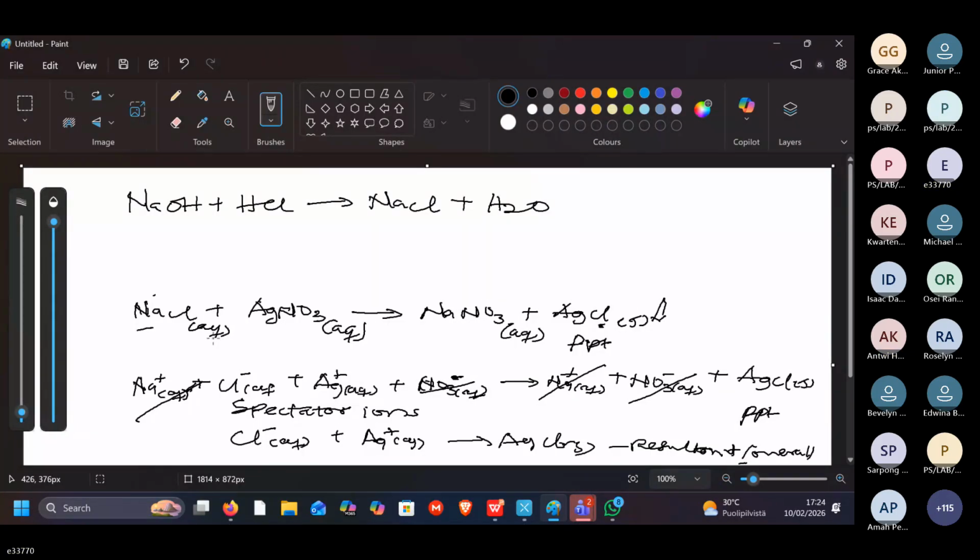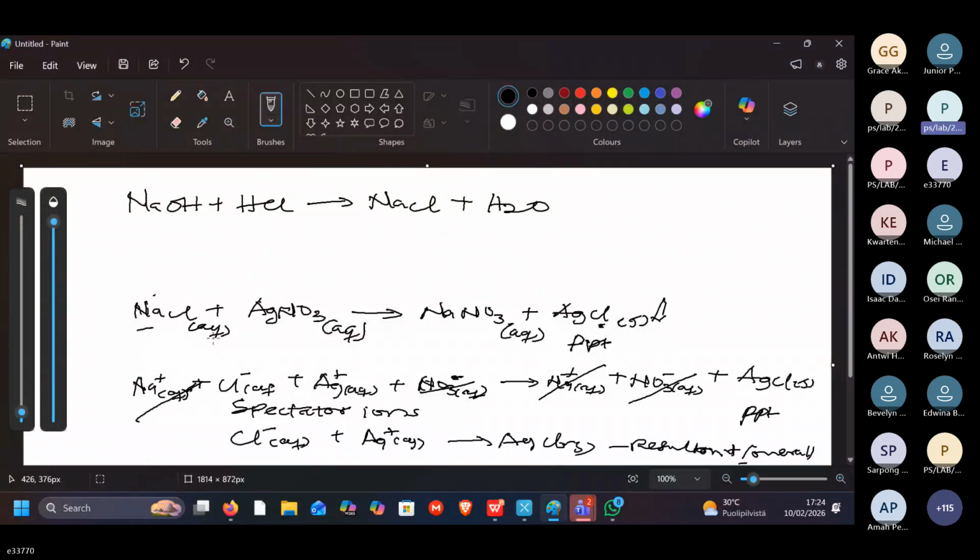Sir, can a semi-metal and non-metal form a soluble or insoluble compound? I don't get you. Semi-metal, what is semi-metal? You mean like a metalloid?